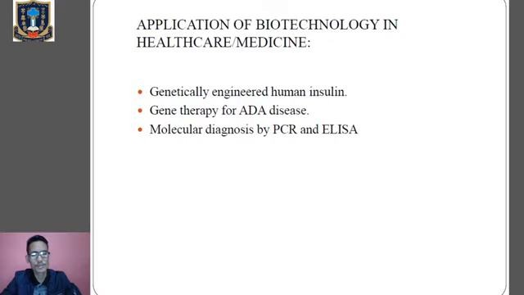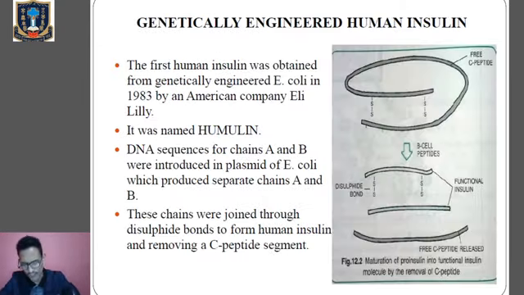We are going to learn about the role of gene therapy for ADA disease, which causes SCID. We will talk about it afterwards. Then we will also learn about molecular diagnosis by polymerase chain reaction, that is PCR, and enzyme-linked immunosorbent assay, that is ELISA. So first of all we learn about genetically engineered human insulin.